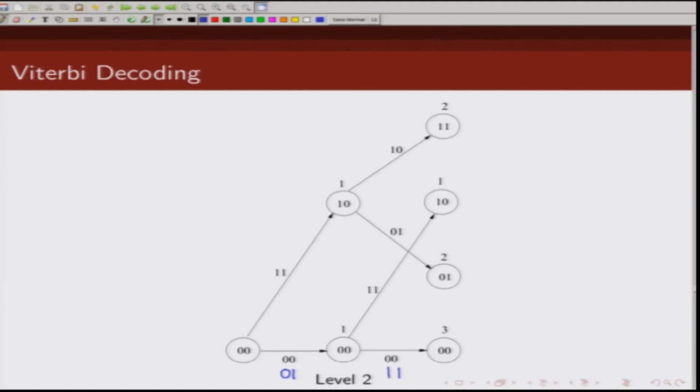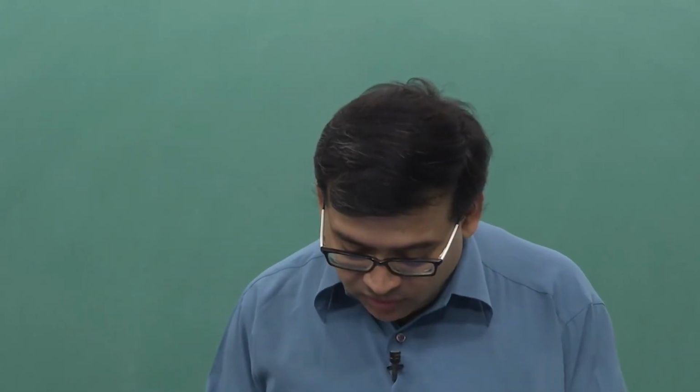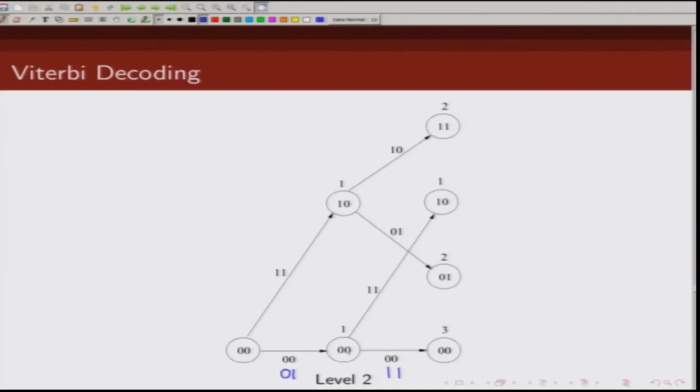Now, remember, for binary symmetric channel, the maximum likelihood decoder is trying to find the Hamming distance between the receive sequence and the code sequence, and it will try to choose a path which will minimize the Hamming distance between the receive sequence R and code word V. So, let us look at this path from 0 0 to 0 0.